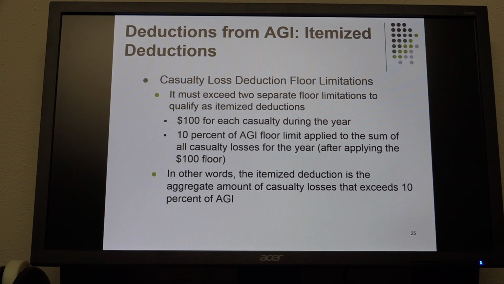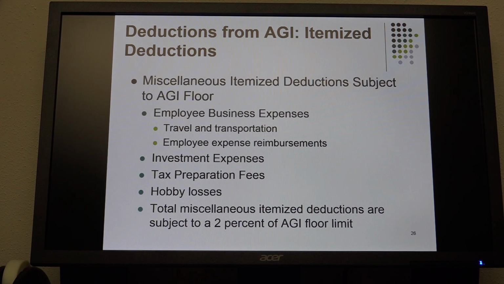So like they say, in other words, the itemized deduction is the aggregate amount of casualty losses that exceeds 10% of AGI. I would look at example 6-22 and 6-23 for guidance in that area.